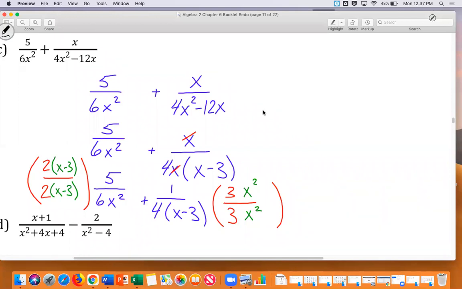All right. So on the left, I'm going to multiply everything by 5 and 2. So I'm going to have 5 times 2, that's 10. So I'm going to distribute the 10 into the x minus 3. 10 times x is 10x. 10 times 3 is negative 30.